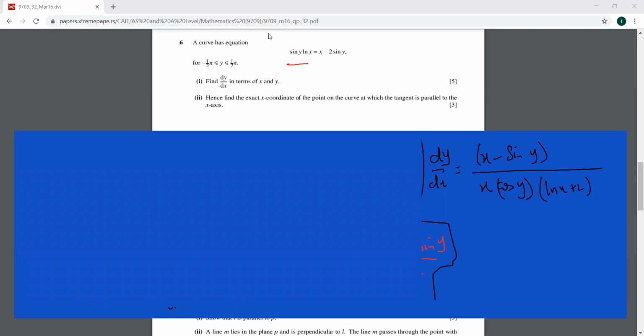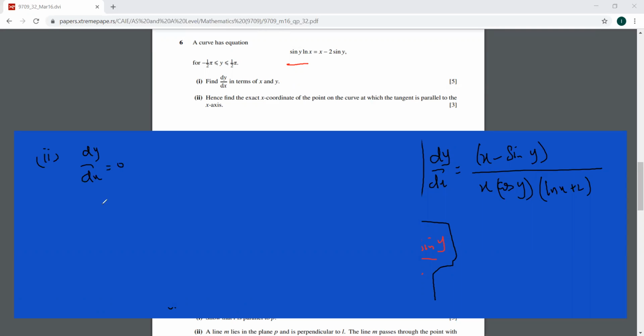So zero. Would that tangent be a vertical line or a horizontal line when it is parallel to the x-axis? Sir, horizontal. Yeah, horizontal. So for the second part, you will put dy by dx equal to 0.